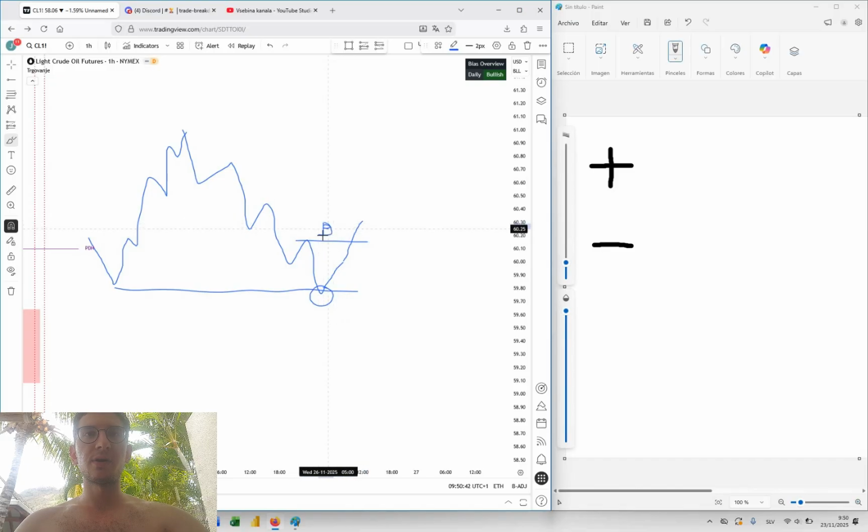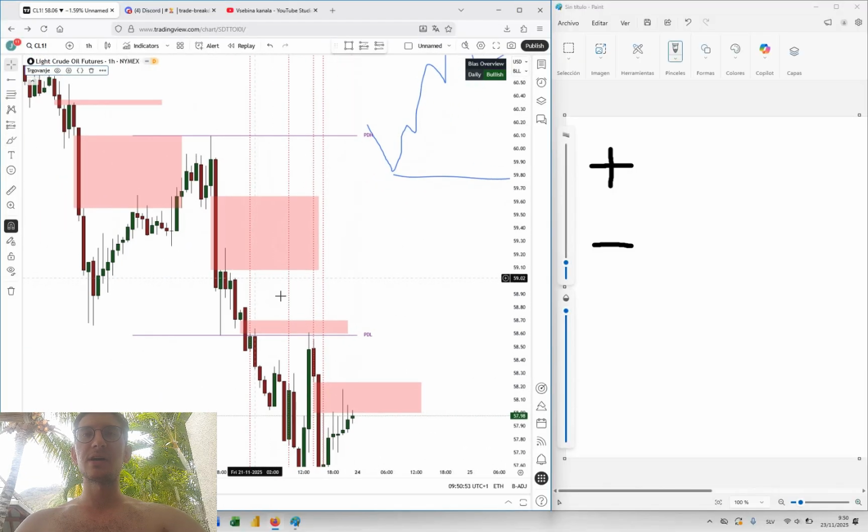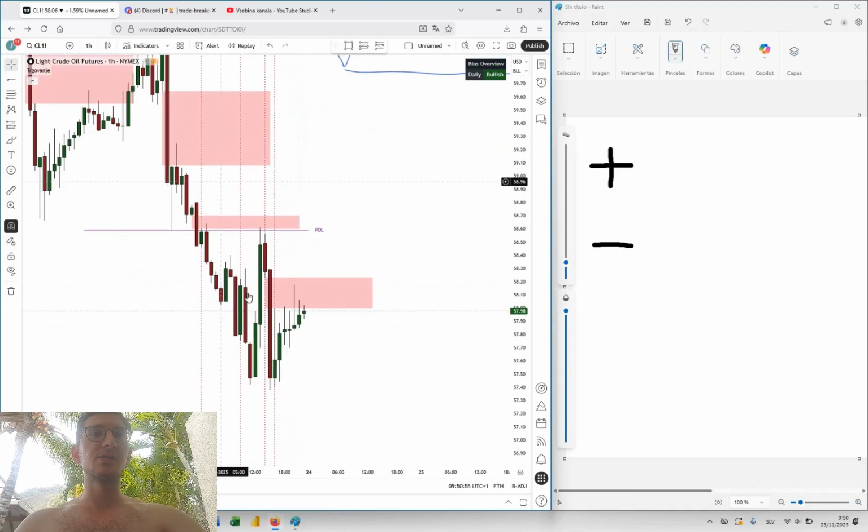When that happens, we have a confirmation that liquidity has indeed been swept, and then we can catch that early trade to the upside. So it's very simple, and let's go find it.